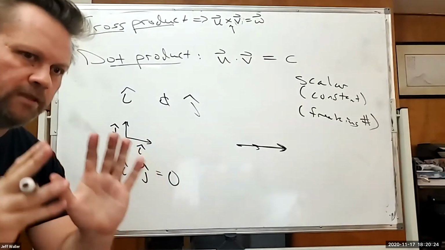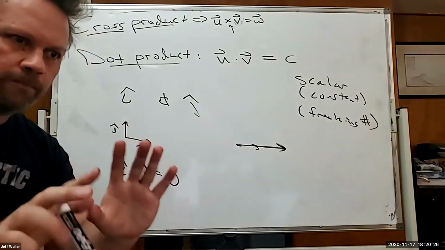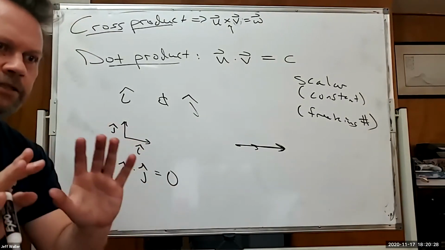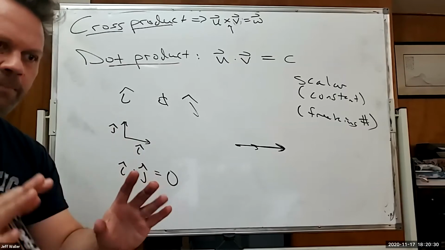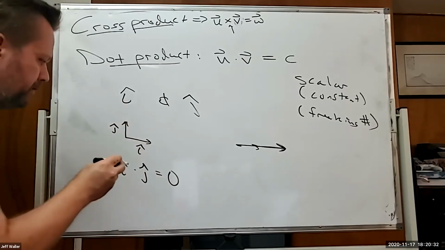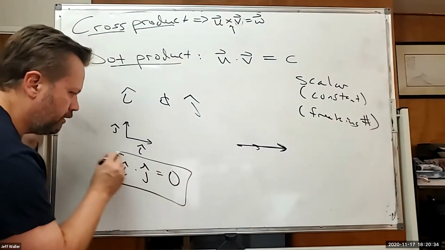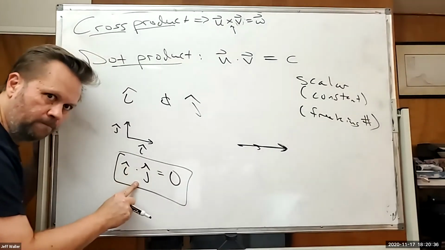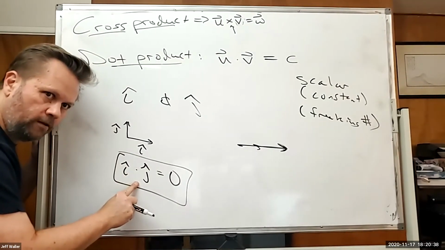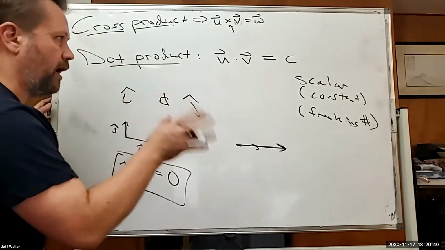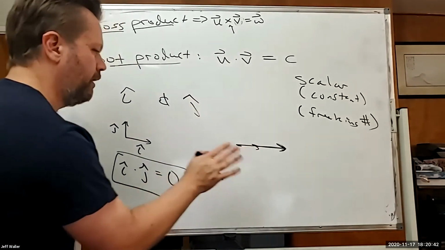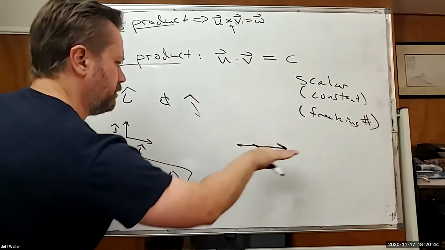Now stay with me. This is where things get really kind of cool. I like to teach this order because it makes a little more sense, especially because I think most of you should get this intuitively. The dot product does talk about how much one vector lies in the direction of the other vector.